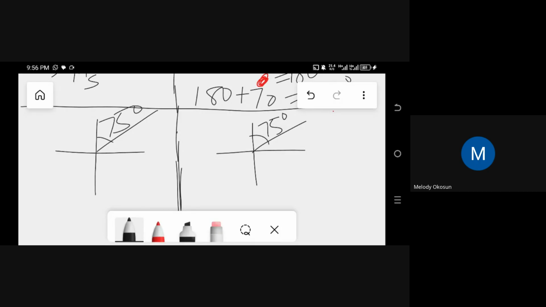We know that this is north and this is east. Now look at this. In a compass bearing, what should the angle be bordered with? Is it not the north or the south? This 75 degrees is touching the north.